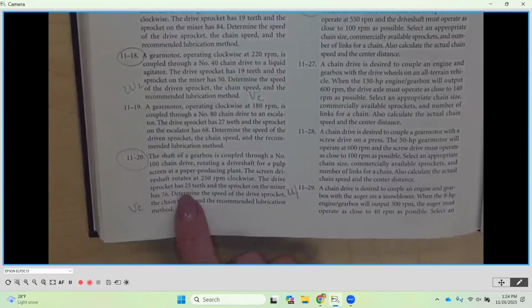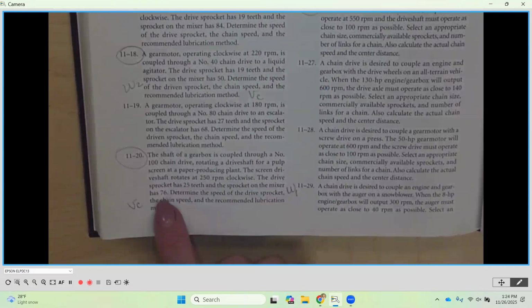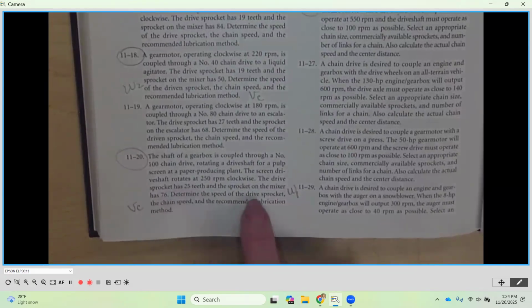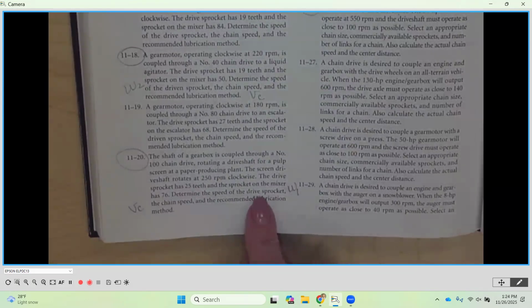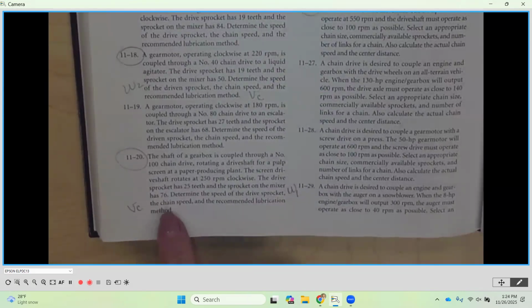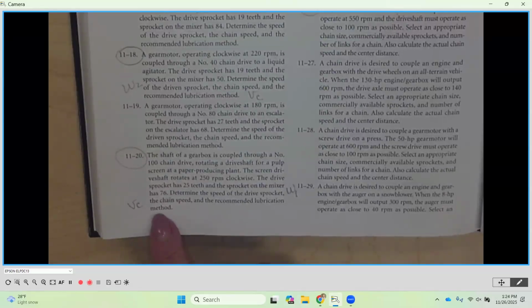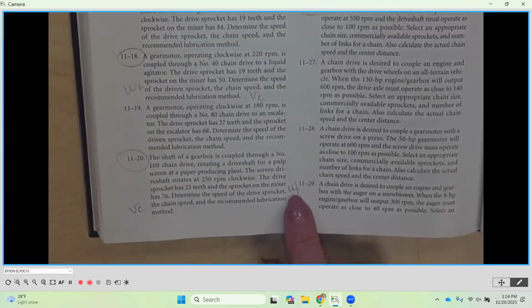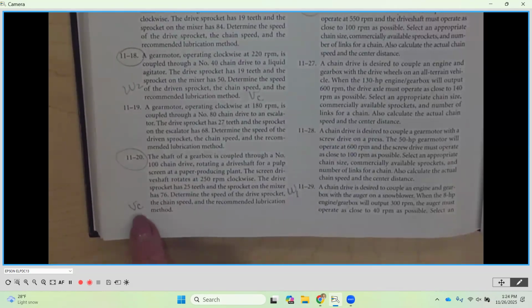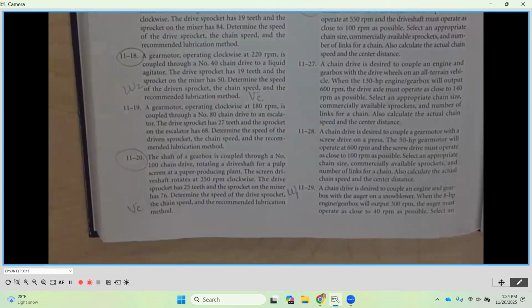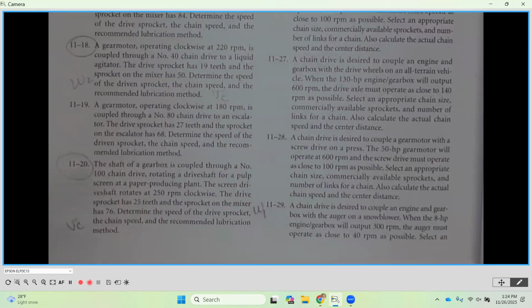The drive sprocket has 25 teeth, and the sprocket on the mixer, driven, is going to be 76 teeth. Determine the speed of the drive sprocket and the chain speed, and the recommended, again, lubrication type. So this is going to be calculating for W1, the driver, and then you're going to find what the chain speed is. That'll be through that velocity ratio again.